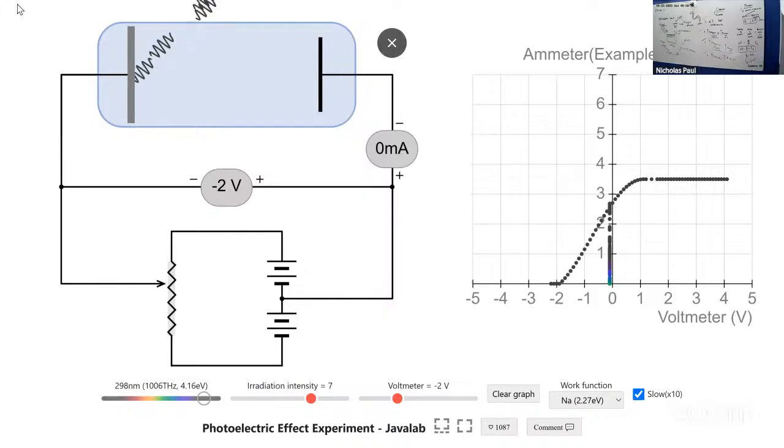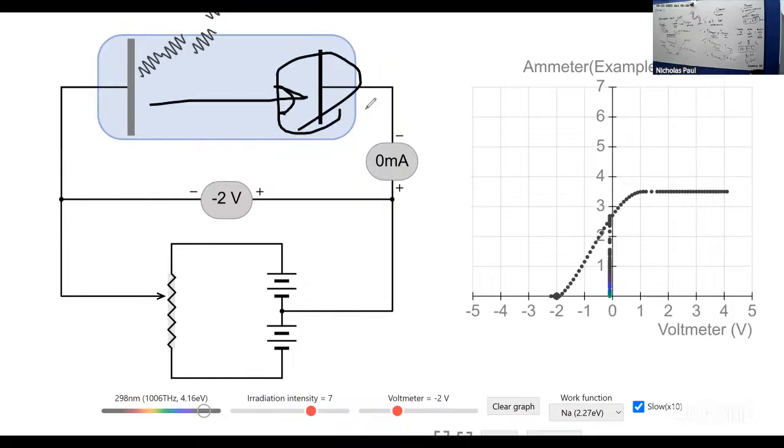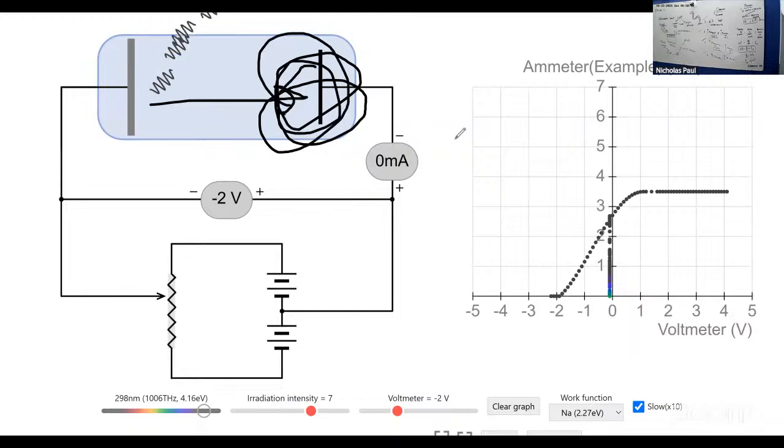Online, you're with me still, right? If no electrons reach in here, then no current here. That voltage has a special name. That voltage, where the current is zero, we call the stopping potential.